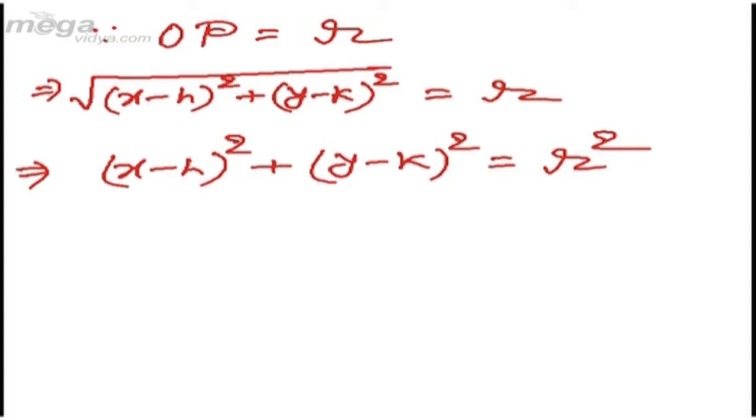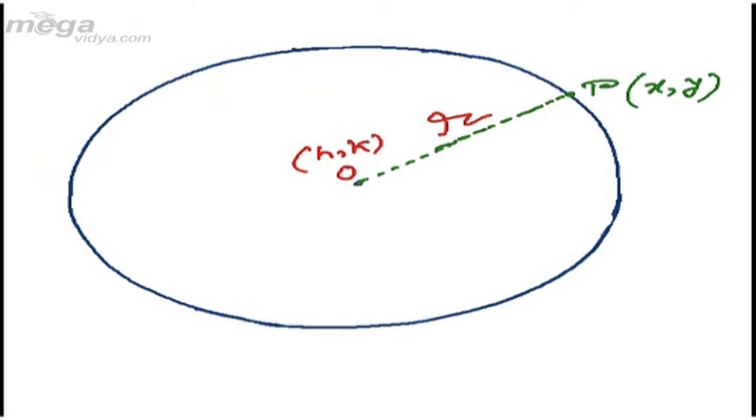This is the equation of this path, and this shape, this path, is called the circle.